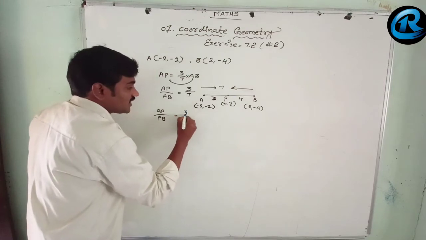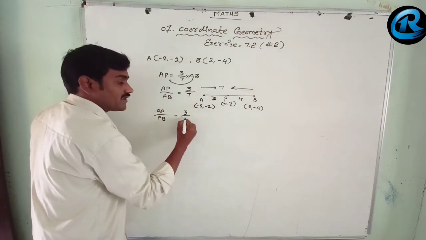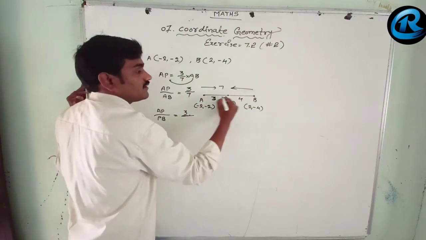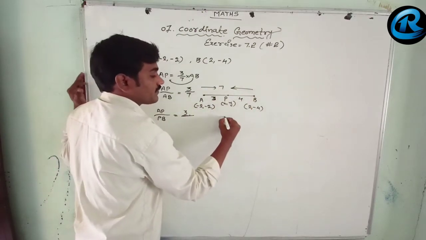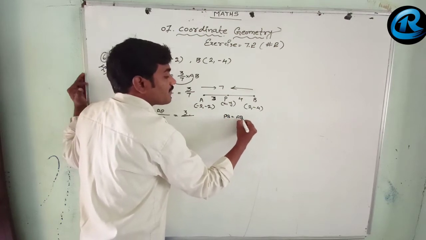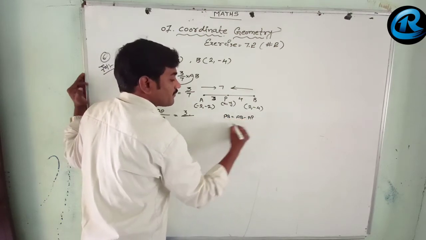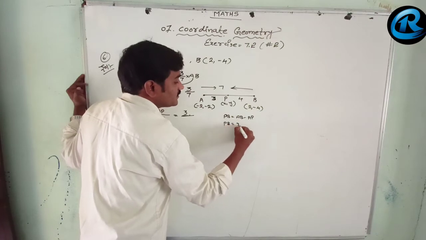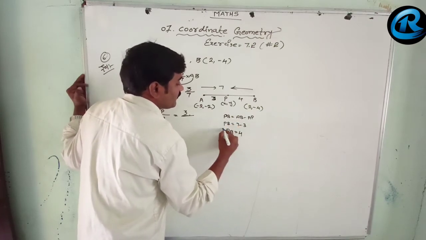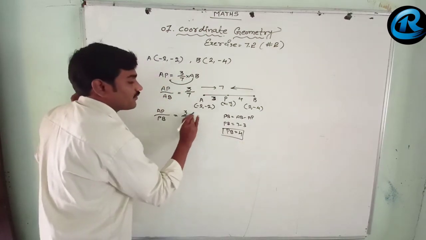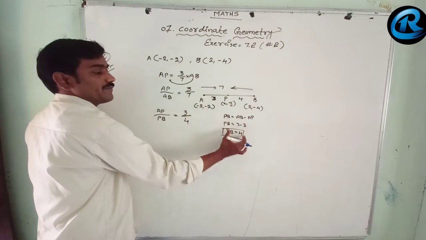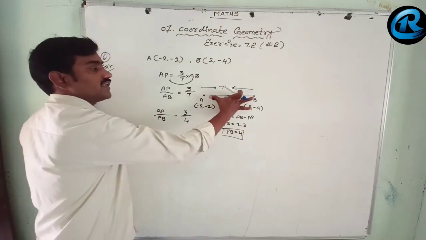So we will write that ratio now. AP is 3. PB equals what? AB minus AP. PB equals 7 minus 3, where PB equals 4. PB equals total minus AP.